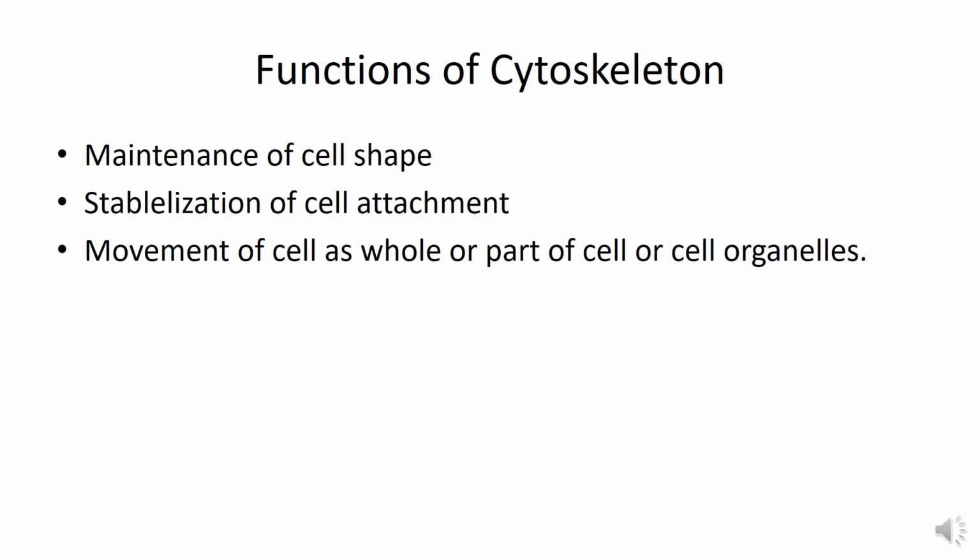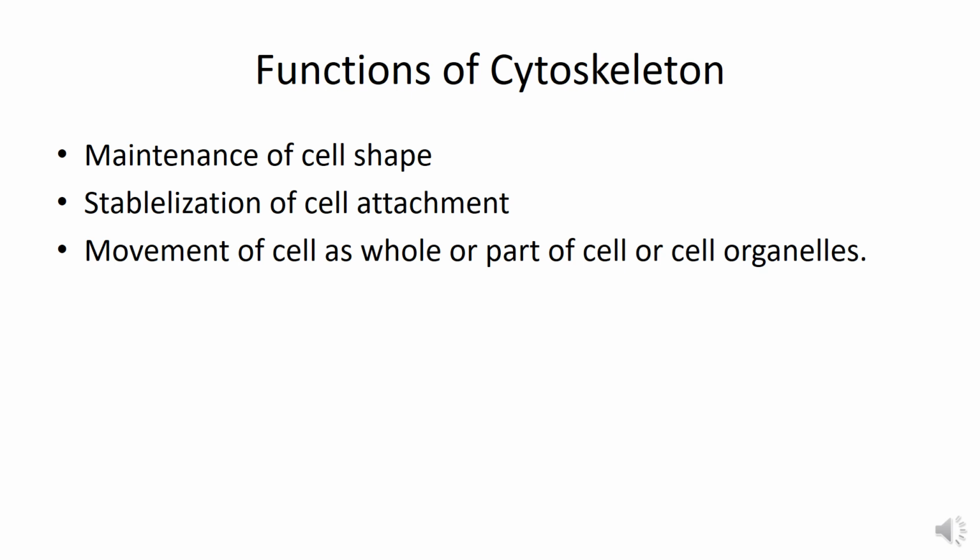So important functions of the cytoskeleton are, first, maintenance of cell shape, that is, they maintain the shape of the cell as well as the shape of the nucleus. Second, stabilization of cell attachment. These cytoskeletal components of the cell give attachment to the extracellular matrix.